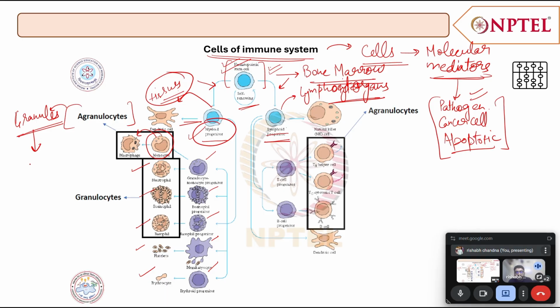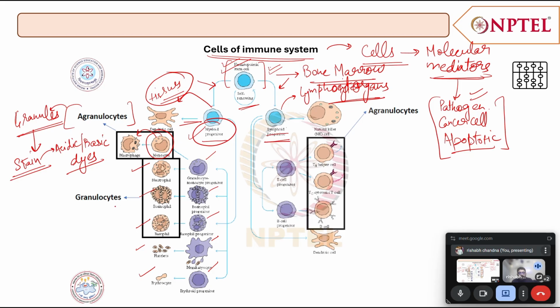Granules are the structures that stain under staining. For example, if we stain with any acidic or basic dyes, agranulocytes will not be stained in that case. Those are called agranulocytes because they are not stained and they do not have any granules in their cytoplasm.